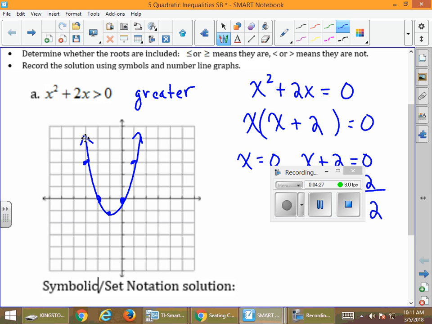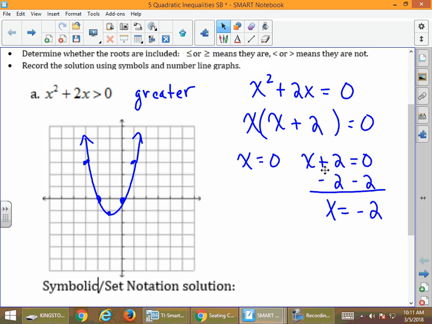So what we're looking at here is, this problem says x squared plus 2x is greater than 0. When we're solving this, because it says greater than, we want to look above the x-axis. And by the way, if you're unsure, this is the x-axis.